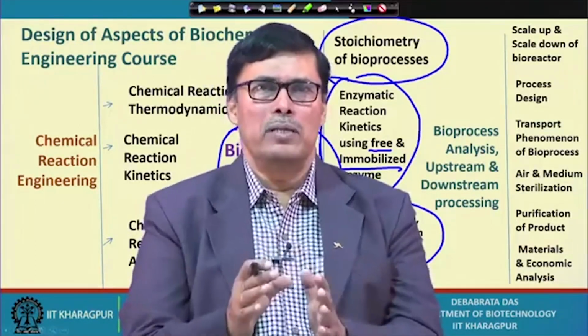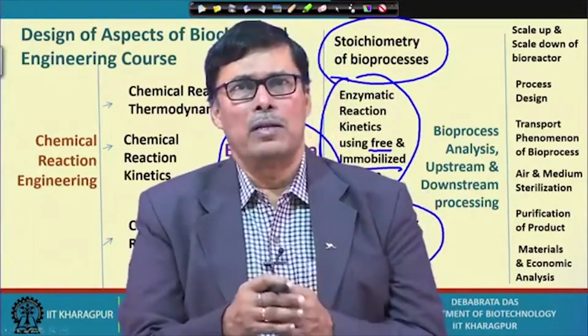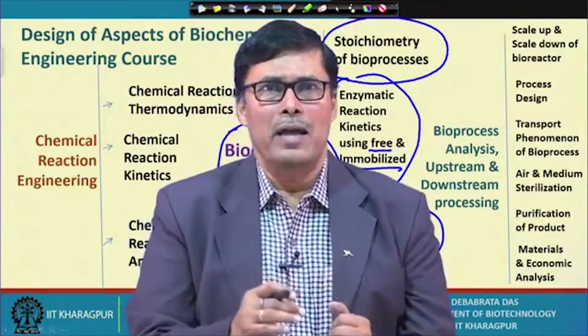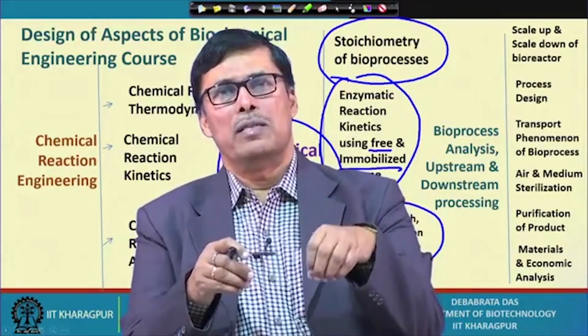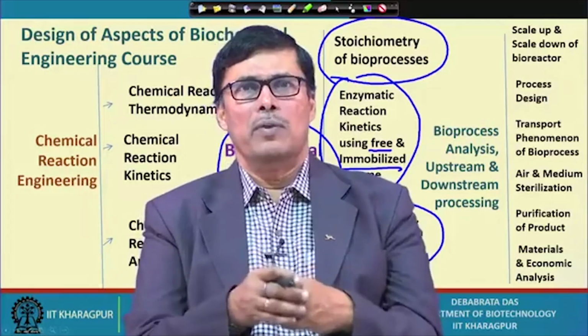So you can get different products, but in a chemical process, as your product changes, the raw material changes. Here in the biochemical process, we change the microorganism, and as we change the microorganism, we get different types of products.